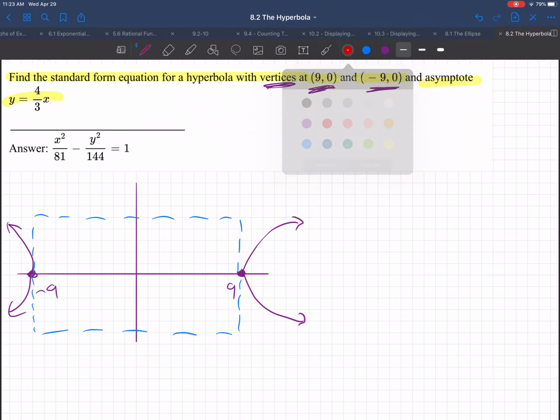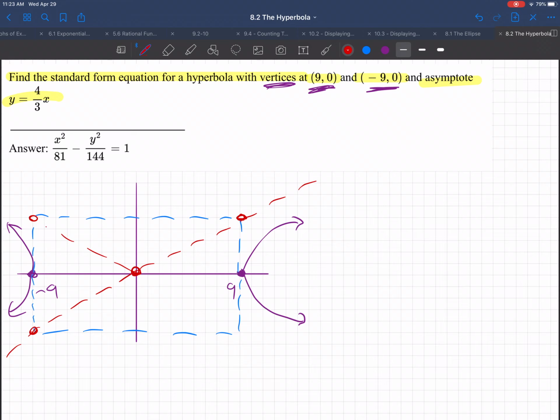There are diagonal lines, the asymptote lines, that go from the center through the corners of the box, and they just shoot out the corners and keep on going. Like that. Okay, so now that's generally what the thing looks like.